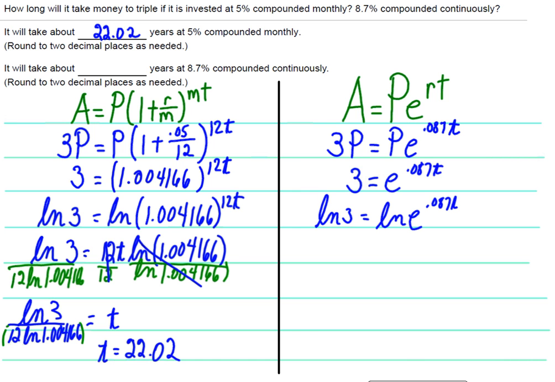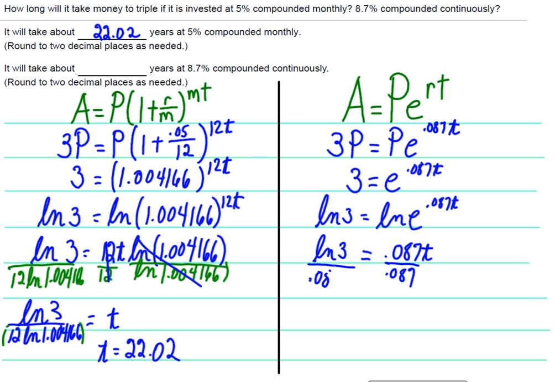we're going to use one of the properties of logarithms, and what it says is that the natural log of e to a power will be that power. And we're going to divide by the 0.087 on both sides.